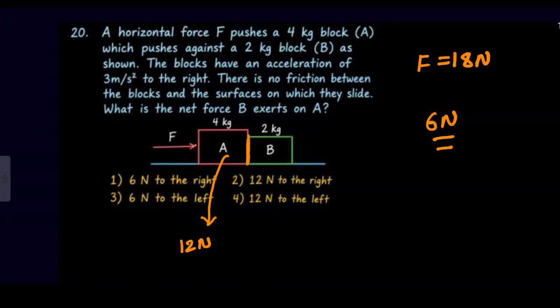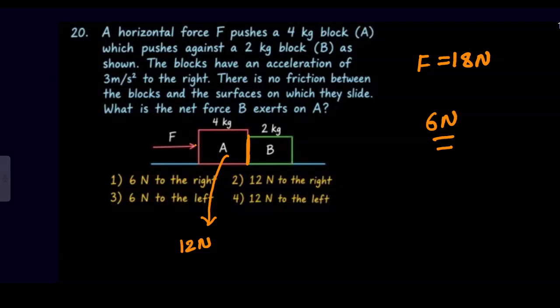Now look here, 6 newtons. Here they are asking to find the force of B on A. The blocks are side by side, so you applied some force here. This block tries to move like this, but this block will oppose it.